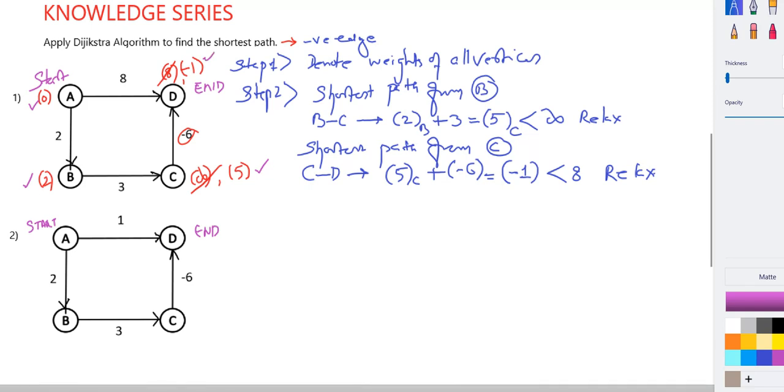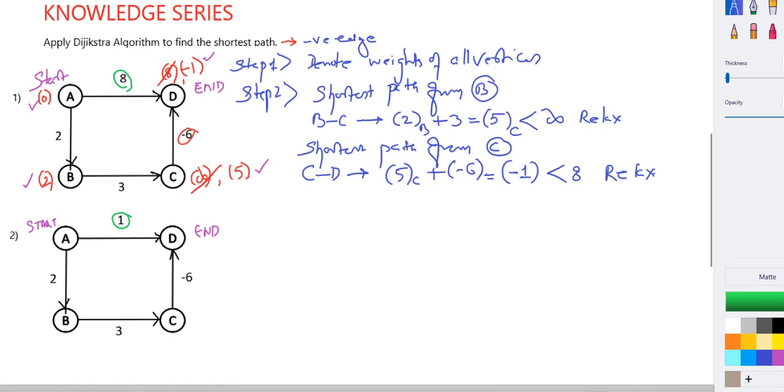Now we will apply the similar practice to the second network, or second figure, where the only modification made is that here it was 8, and this is replaced by a new modified weight of 1.